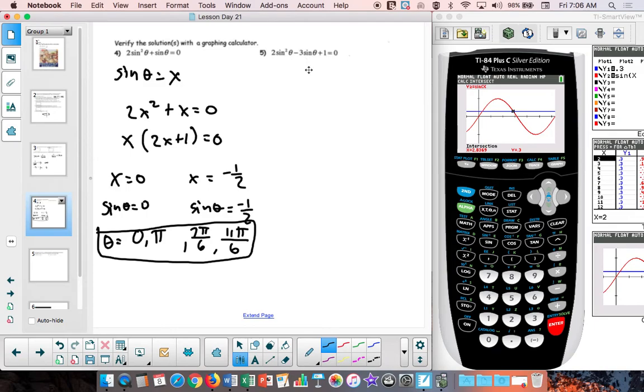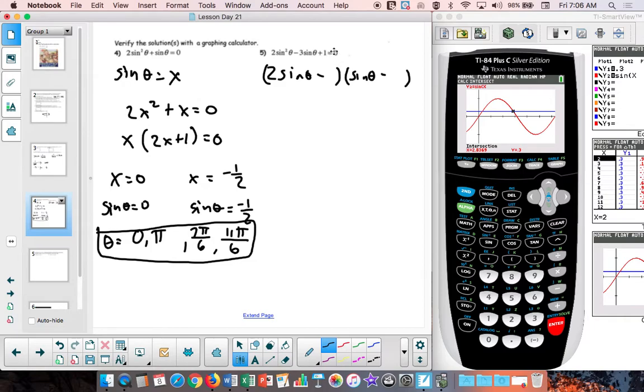I'm going to do this one without swapping out x, but again, it's the same process. So 2 sine theta minus, I know it's minus because we're adding 1, subtracting 3 sine theta, so it's going to be minus and a minus sine theta minus.